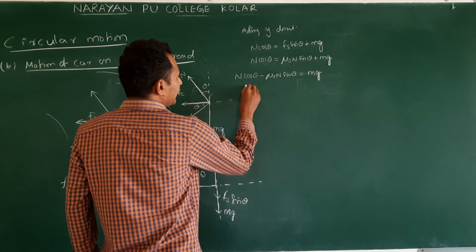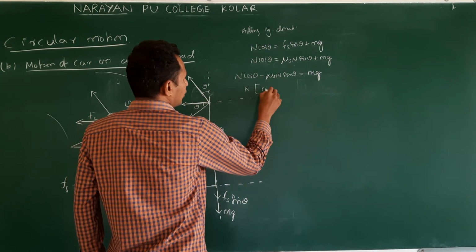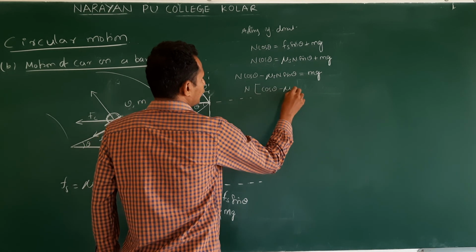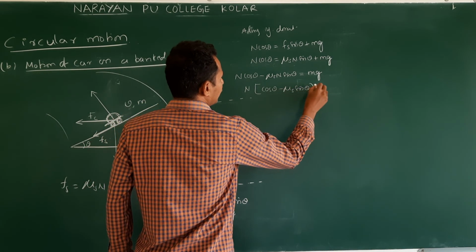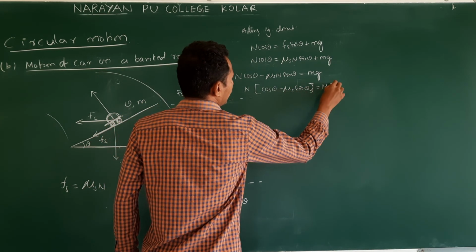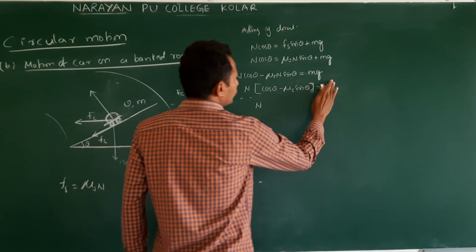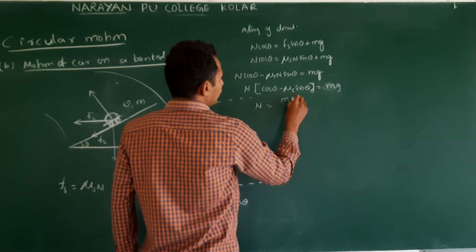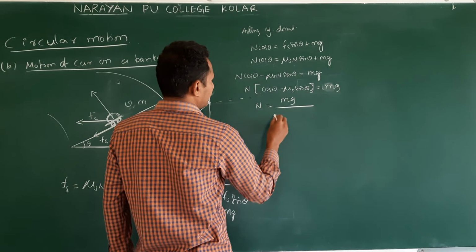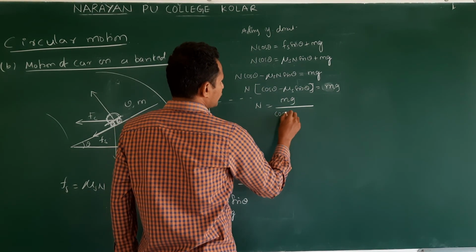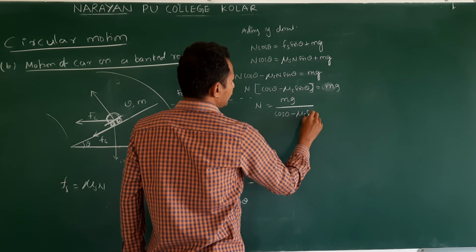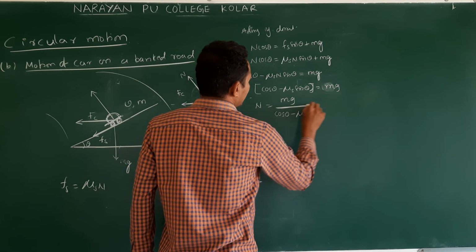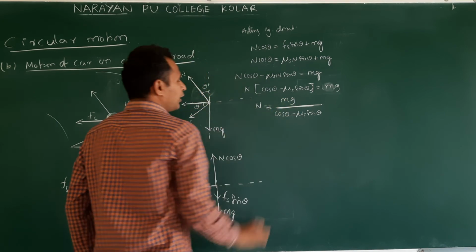Take N common: N times cos theta minus mu s sin theta is equal to mg. Then N is equal to mg by cos theta minus mu s sin theta. Just I made N something.